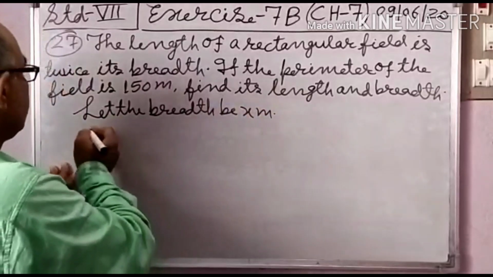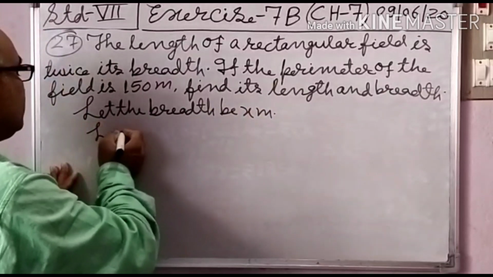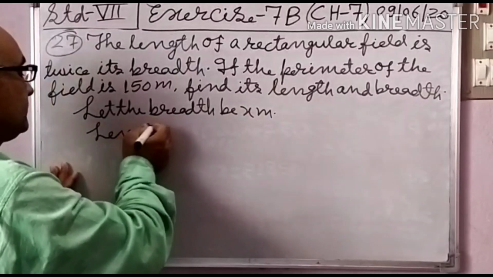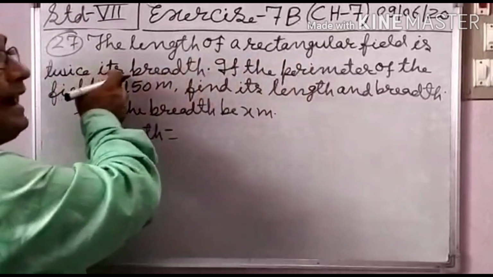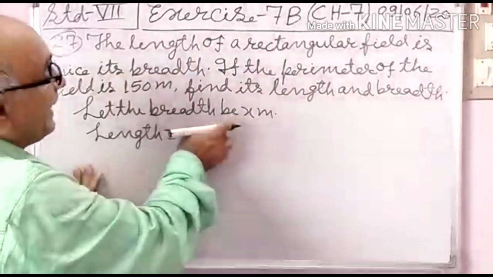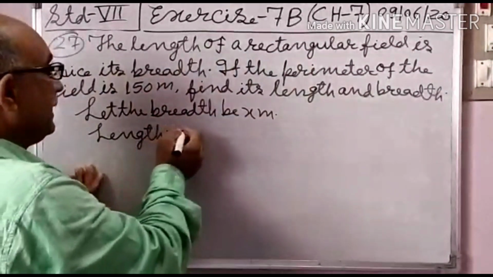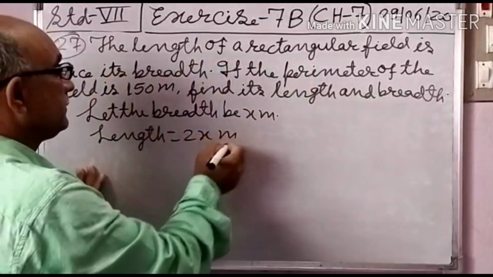x meter. Then the length of a rectangular field is twice its breadth. So here breadth is x, then length is 2x meter.